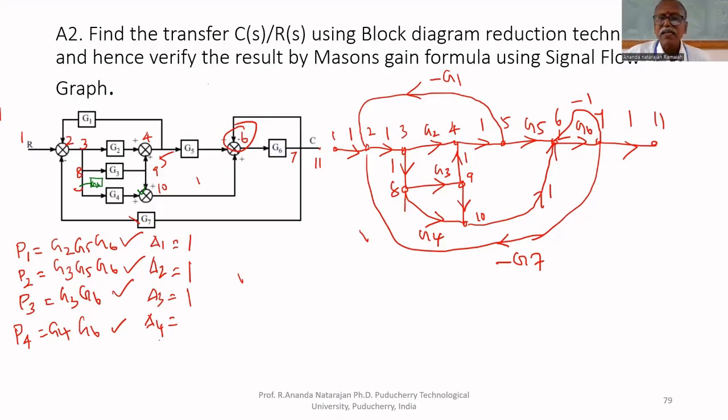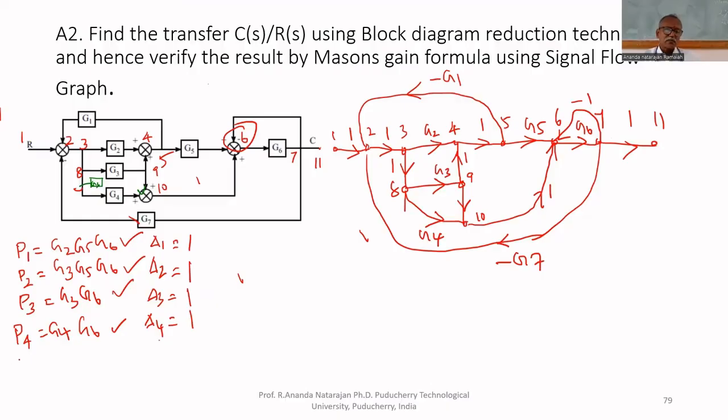Parts of the graph are 9, 5. At 9 and 5, there is a loop, the G2, G1 loop. But it is touching at 2. The forward path is 1, 2, 3, 8, 10, 6, 7, 11. For that, you got G4, G6. That is also no loop. That's why that is also 1.